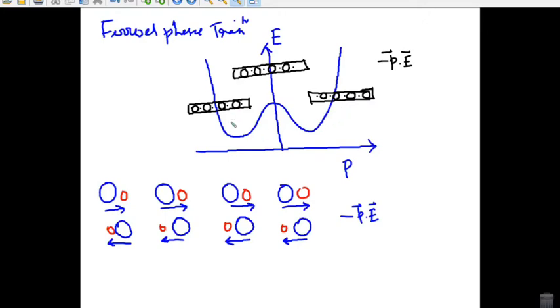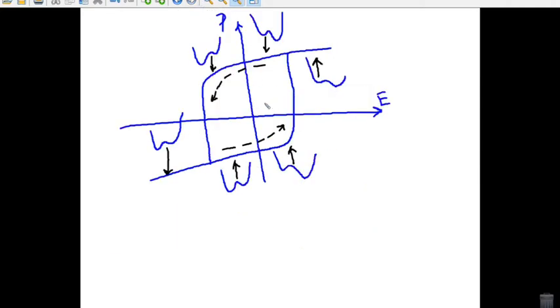So it is also clear from this figure that a small field will not necessarily immediately switch the polarization from one direction to the other because there is a barrier to overcome, right? This is the barrier. So in an ideal case where all the dipoles have to be overturned together, there will now be hysteresis, which I can show in this figure.